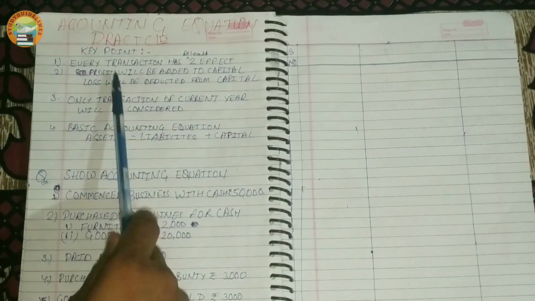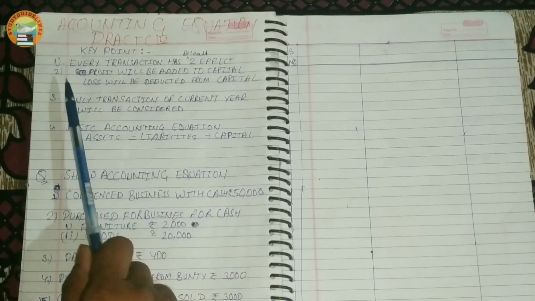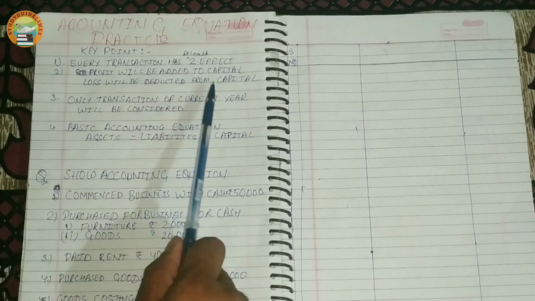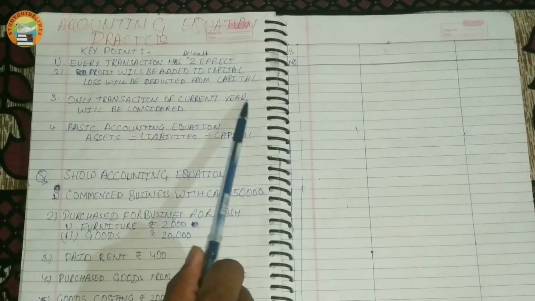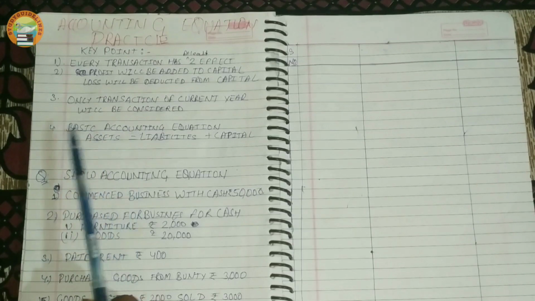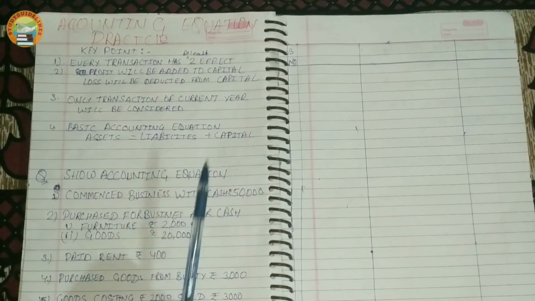First, every transaction has at least two effects. Second, profit will be added to capital and loss will be deducted from capital. Third, only transactions of the current year will be considered. Fourth, the basic accounting equation: assets is equal to liability plus capital.